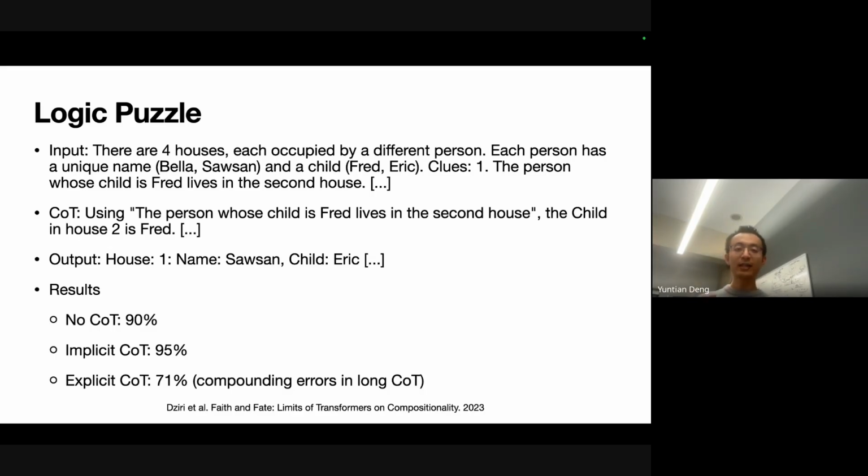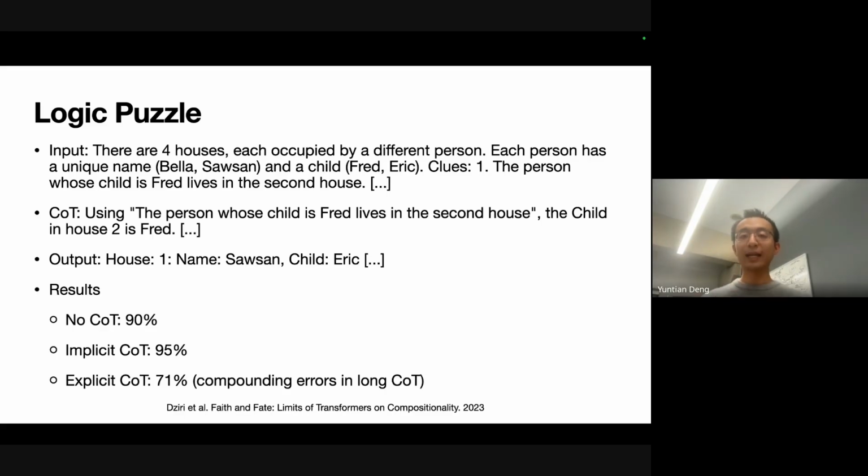So when a human being wants to solve that problem, usually, at least for me, I need to draw a table and use that table to guide me in solving the logic puzzle. But here, we are using it as an evaluation benchmark for our method.